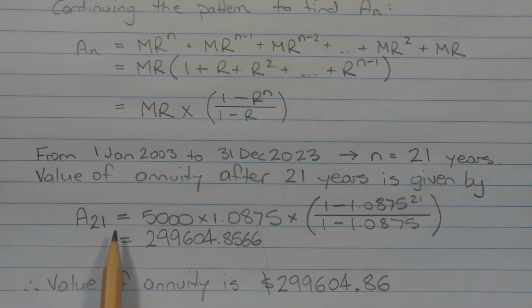So A_21 is equal to 5,000 times 1.0875 times (1 minus 1.0875 to the power of 21) over (1 minus 1.0875), which equals 299,604.8566. Therefore, the value of the annuity is $299,604.86.